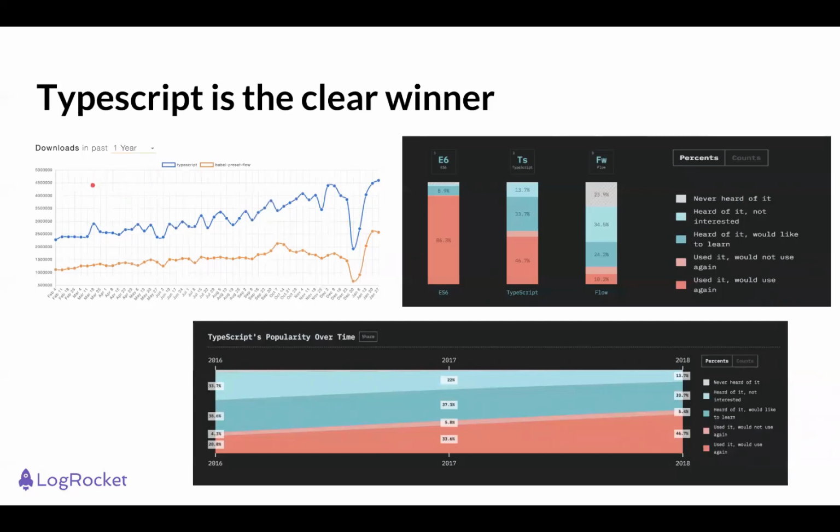If you look at this graph on the upper left, which shows the amount of downloads on NPM, TypeScript is increasing at a faster rate than Flow. Looking at developer mindshare, seeing the results from the State of JavaScript survey, TypeScript far outpaces the growth of Flow, and its popularity increases year over year.